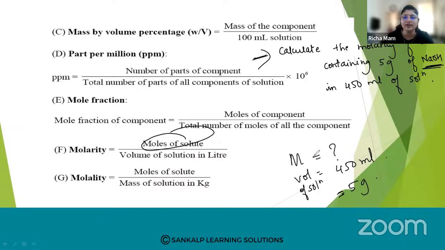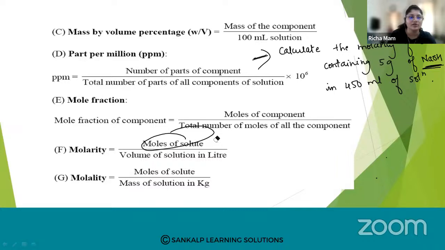First we'll calculate the number of moles. I'll do it stepwise here. The first step: the formula is here itself. Moles of solute dissolved in volume of solution. The number of moles of NaOH is not given, so it is 5 gram given weight.